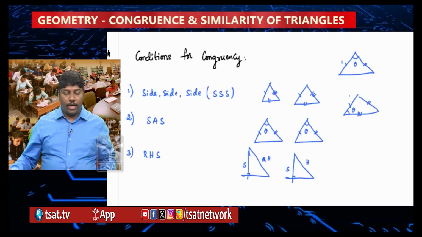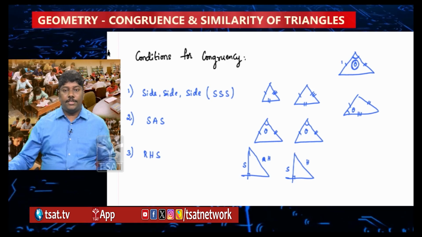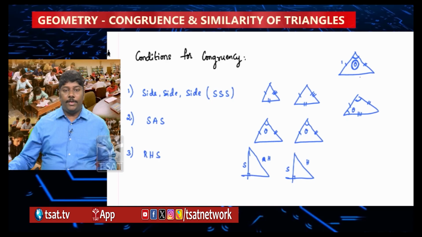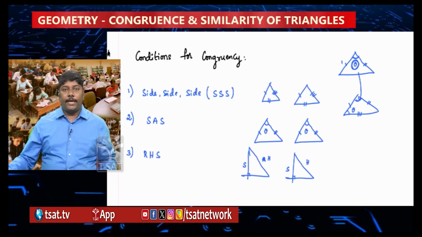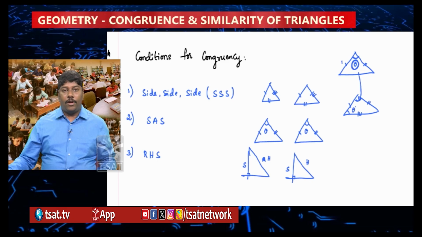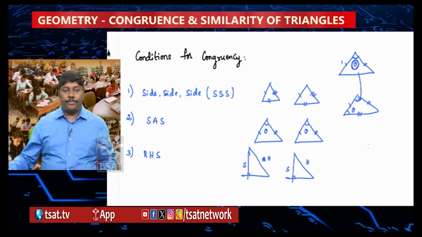Here two sides are equal, but their respective angle is not equal. This is in between 1 and 2, this is in between 1 and 3. So, here I want this angle to be equal to theta, not the angle which is in between 1 and 3. So, make sure the corresponding or respective angle must be equal in the case of SAS.